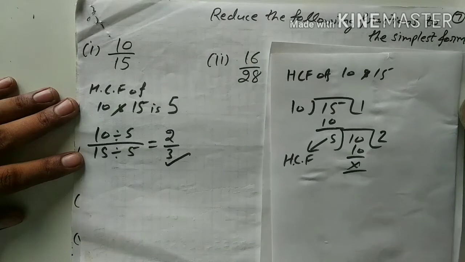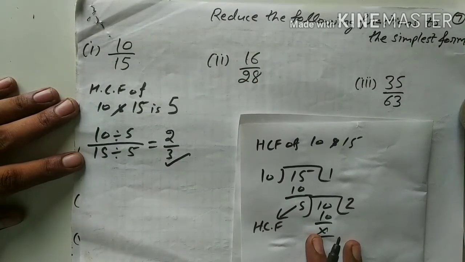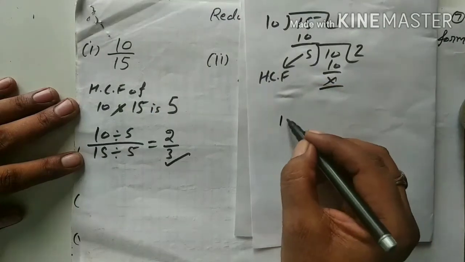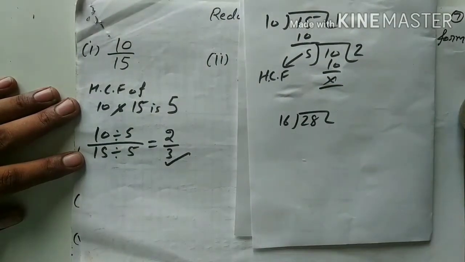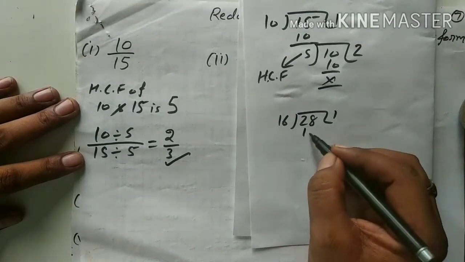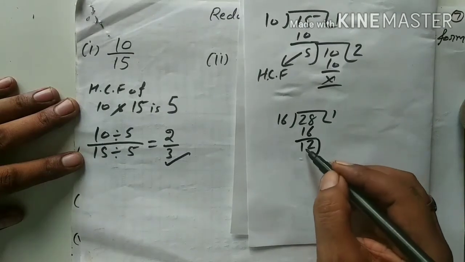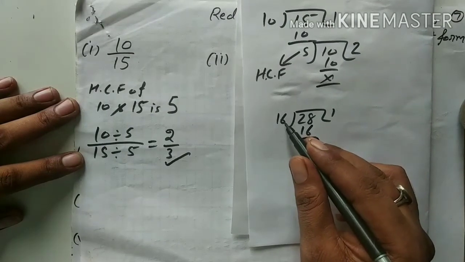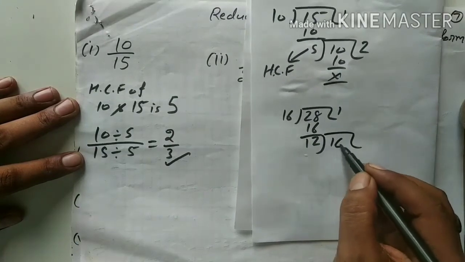Okay, now we are on the second question, 16 over 28. So here we will also find their HCF by the long division method. Now 16 ones are 16, 2 and 1. Now I will divide the earlier divisor, that was 16, by the coming remainder.